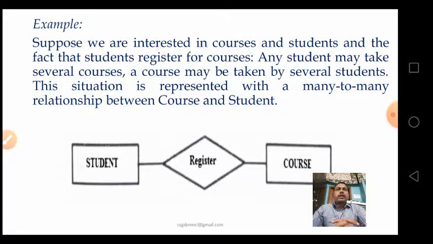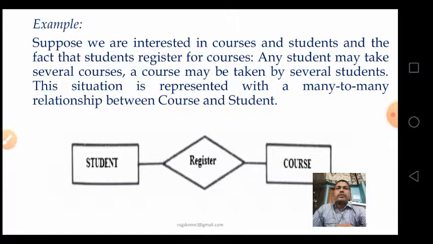For example, suppose we are interested in courses and students, and the fact that students register for courses. Any student may take several courses.